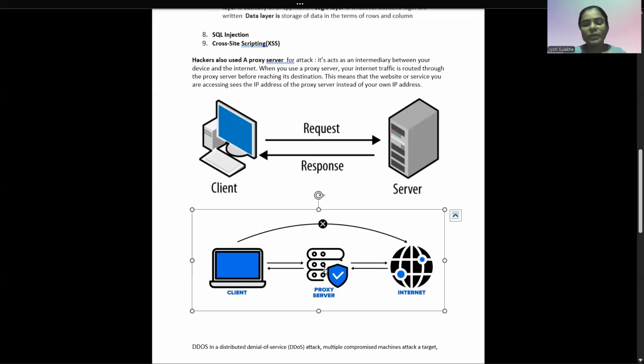It first goes to the proxy server and then to the internet. The response also does not go directly to the client. It first goes to the proxy server and then to the client. Attackers use this process for attacking or hacking the application.